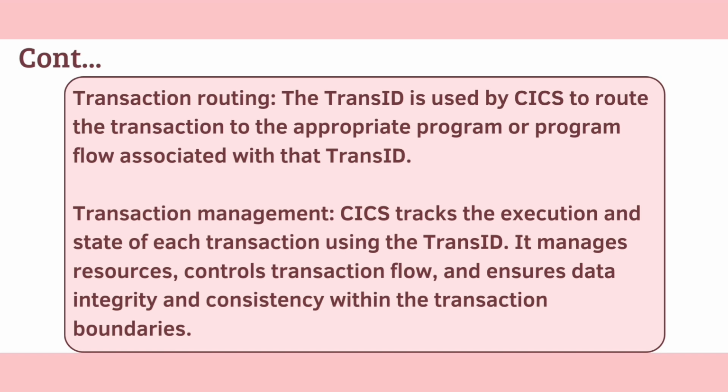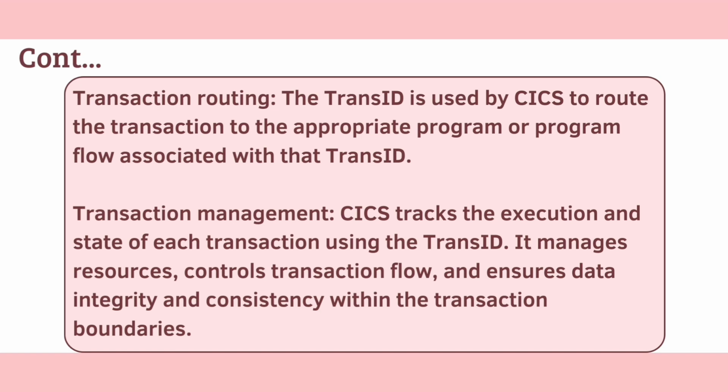Next is transaction management. CICS tracks the execution and state of each transaction using the trans ID. It manages resources, controls transaction flow, and ensures data integrity and consistency within the transaction boundaries.